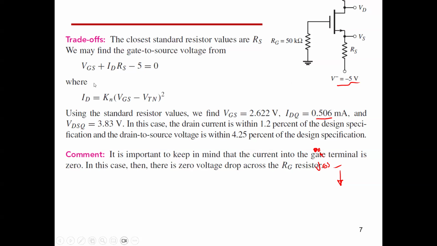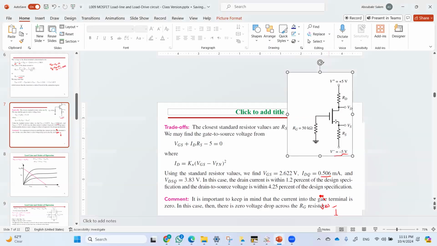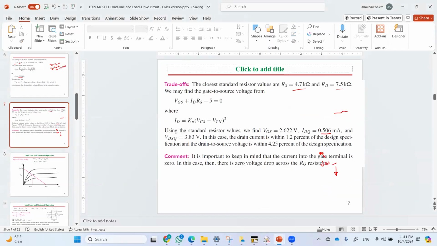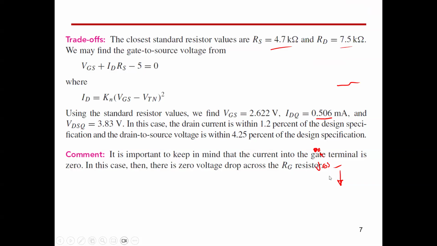So for the second part here in the trade-off, I'm not 100% agreeing with the textbook in this part, because by the end you will control the values of the supply in order to achieve the required current after your design. So you can tune your supply in order to do that.